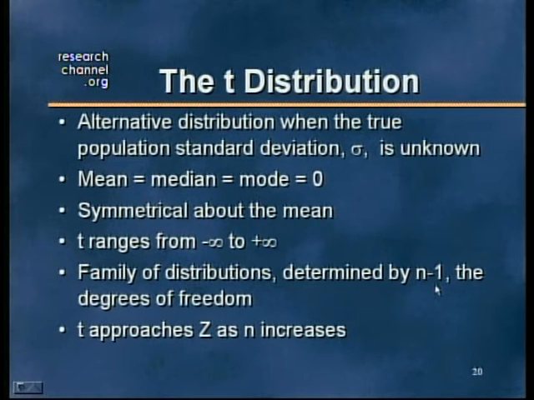So the n minus 1 is referred to as the degrees of freedom. It's decreased a bit because of our uncertainty regarding the true population parameters. What is true is that the t distribution becomes fairly like a z as the sample size increases.